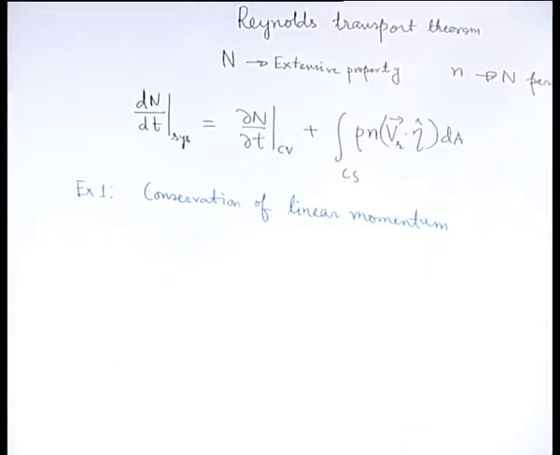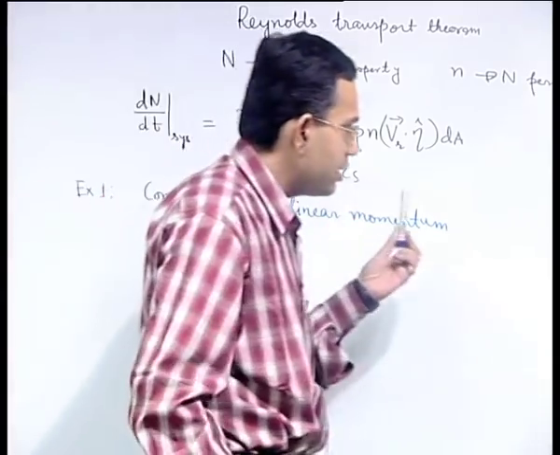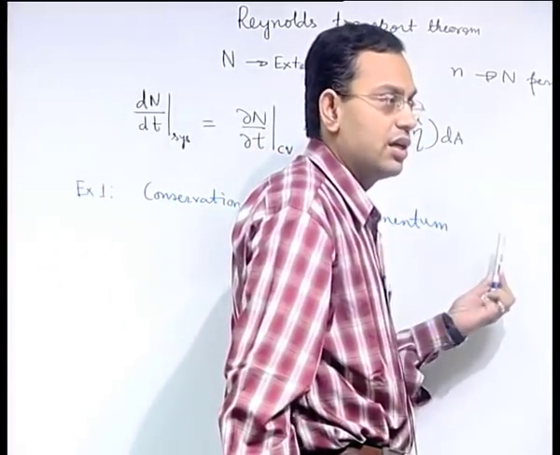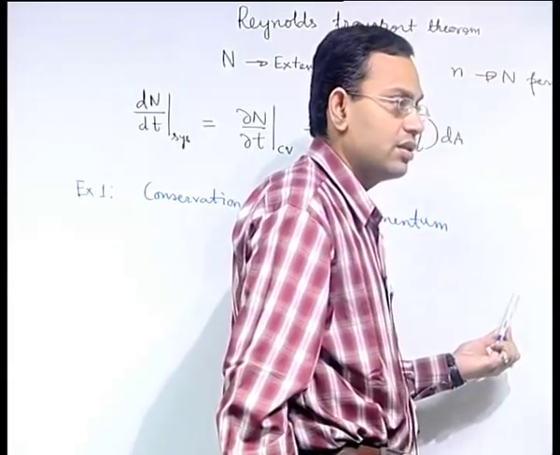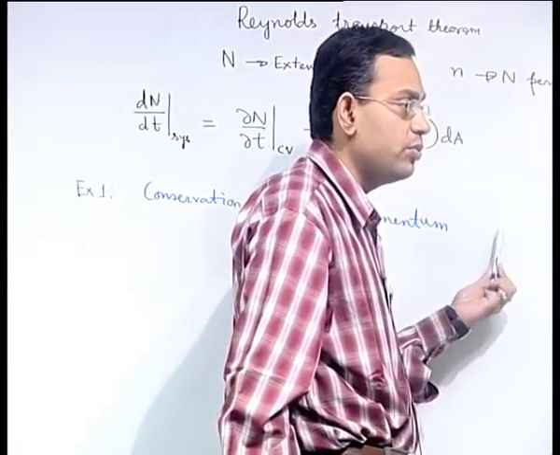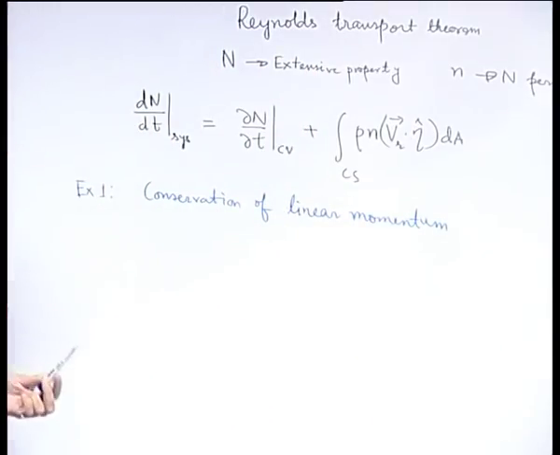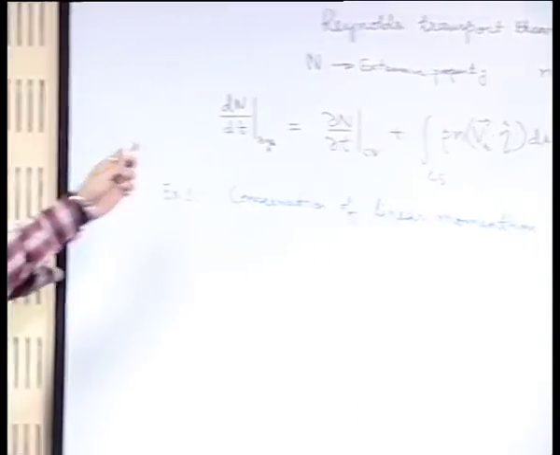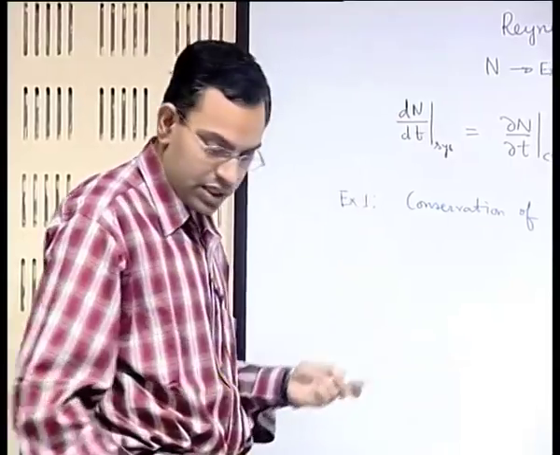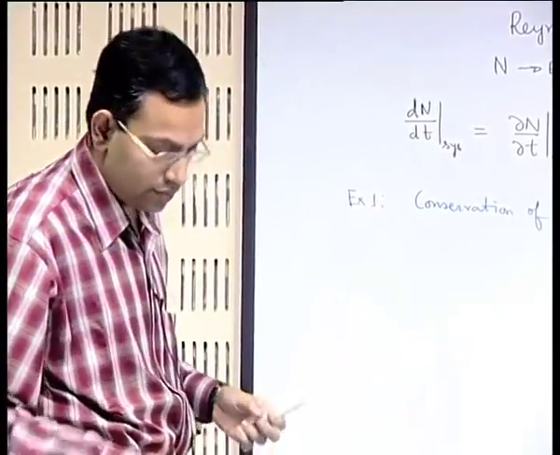When we consider conservation of linear momentum, we will again keep the two assumptions the same as in the previous case, that is, the control volume is non deformable and the control volume is stationary. Now, with the conservation of linear momentum as a consideration, what will be N?